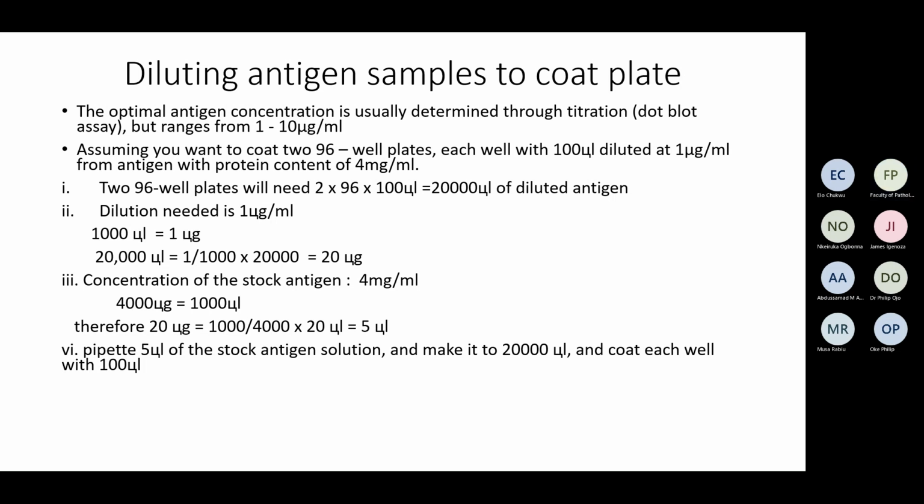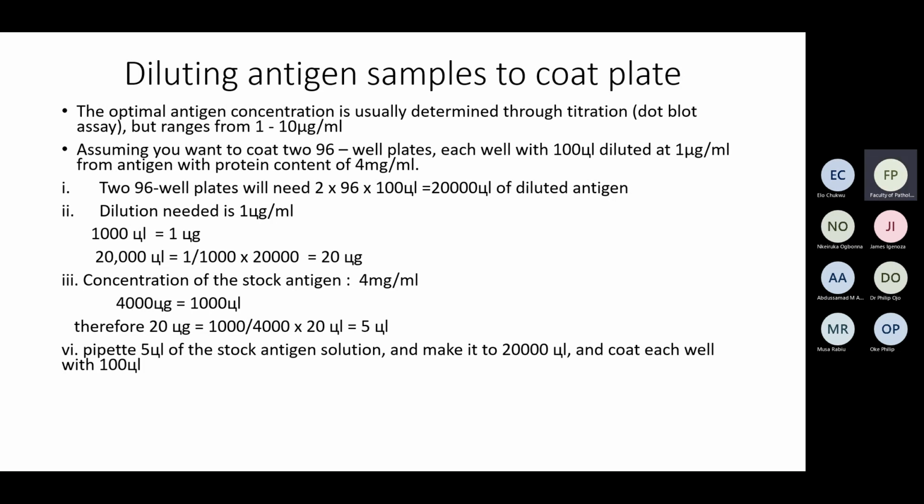Now, your stock antigen is 4 milligrams per mil, which means it contains 4,000 micrograms per 1,000 microliters.